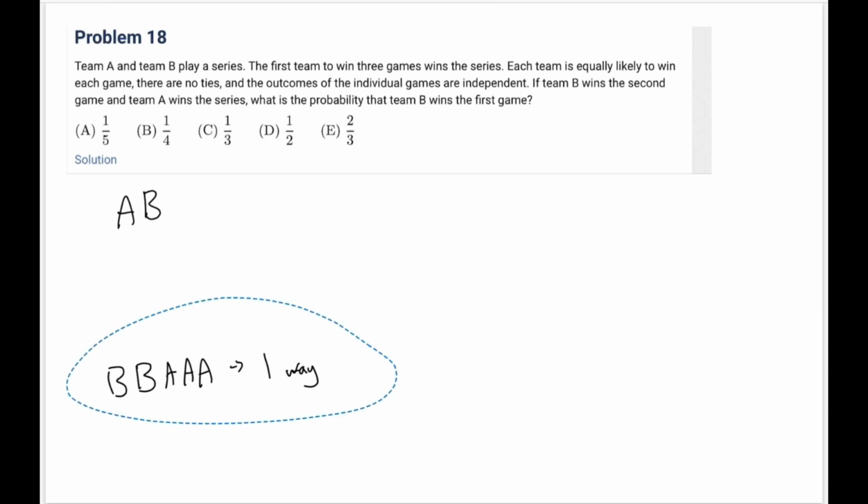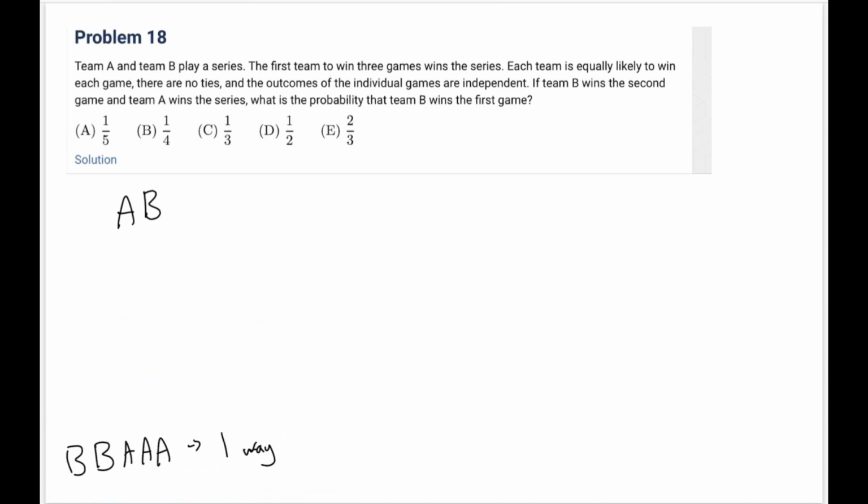So let's move this over here, and then focus on A, B, something. So here we need Team A to win the series, right? It could go like this. A could just win in 2 games, or A could win in 3 games and it could be A B A, or it could be B A A. It can't be A A B, because then A would have won by now.